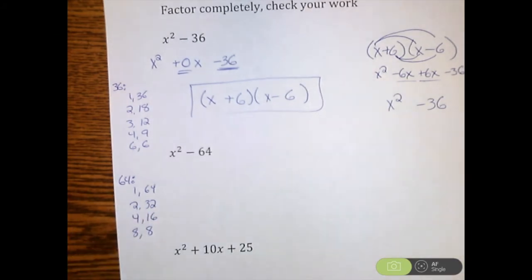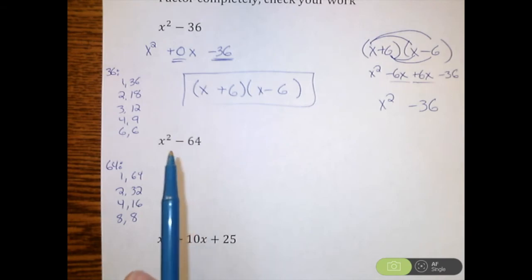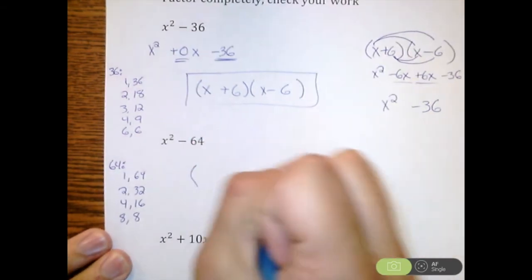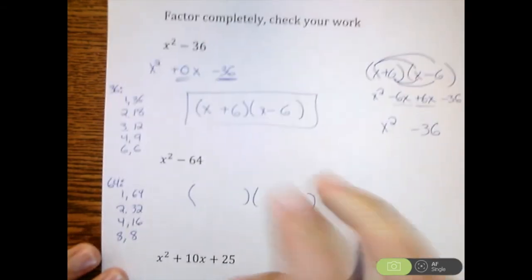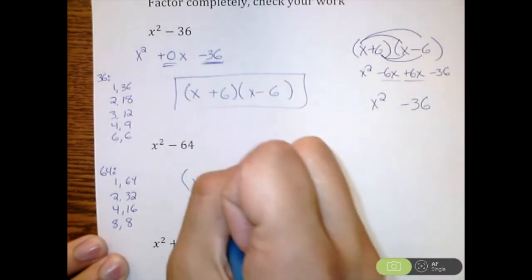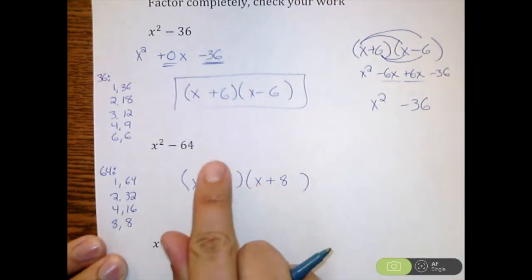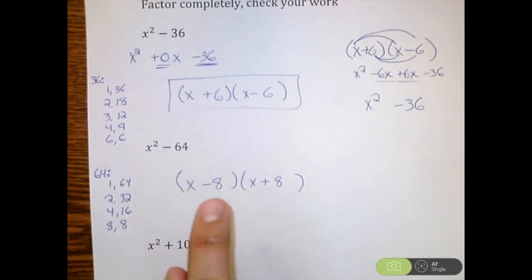So I need to figure out which pair I can use to multiply to negative 64, but add to 0. And you're going to see why these are special case problems. Up here, see it's positive and negative of the same number. Same thing here. I could use negative 8 and positive 8. Negative 8 times positive 8 is negative 64. When you add them together, you get 0.